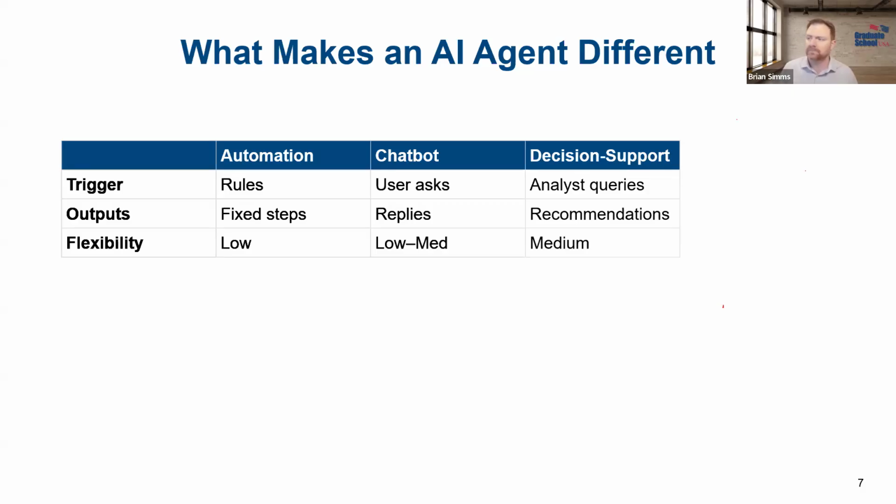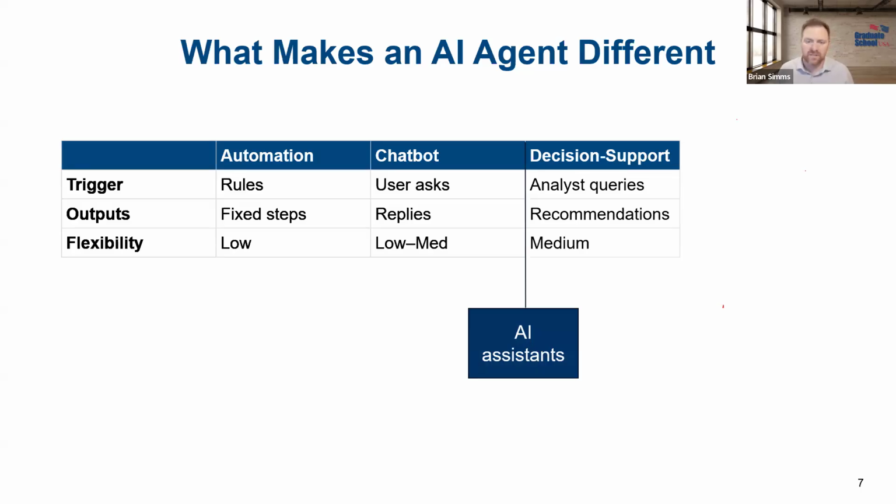to do certain things that they've been programmed and allowed to do. And you might be wondering here, where do AI assistants fall in, like Claude or ChatGPT or Grok or things like that? They really kind of straddle this line between the chatbot and decision support columns, right? Because you can go to one of these AI assistants and say, "Hey, what time's the DMV open?"